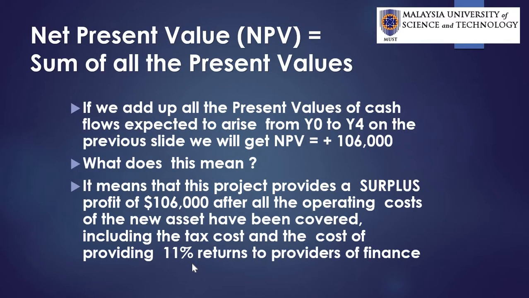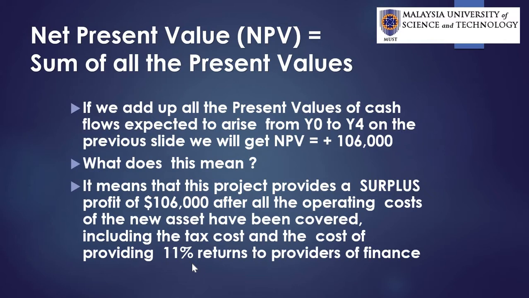How is it an addition to shareholder value? It is an addition because we are now able to provide returns over and above what is required by the shareholders. If the shareholders wanted 11% and this project provided returns of exactly 11%, net present value would have been 0.